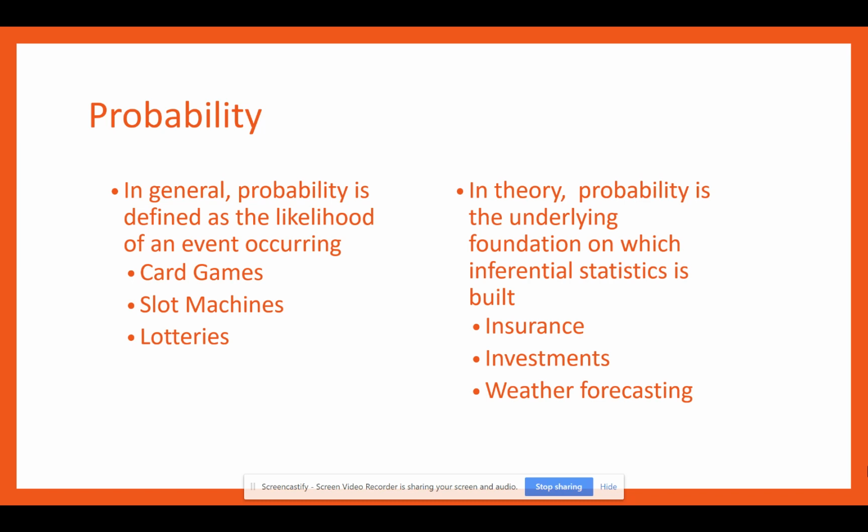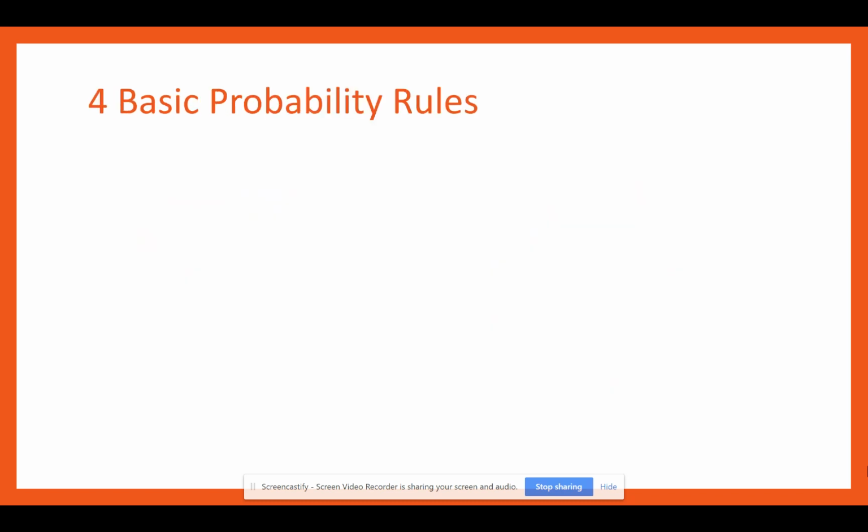Insurance companies use probability to think about the probability that you're going to live for another 10 years, another 20 years, or the probability that you're going to live to be 80. Investments. What's the probability that a particular investment is going to go up or go down? Obviously, with weather forecasting. So probability creates kind of that foundation on which we base our inferential statistics, or our inferences that we glean from our descriptive statistics.